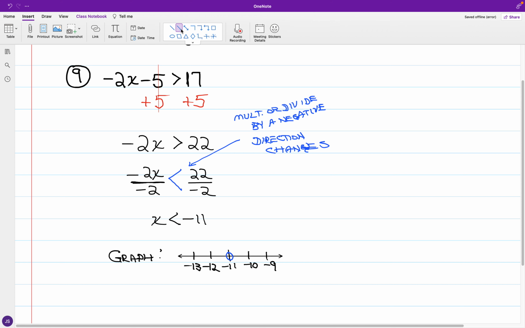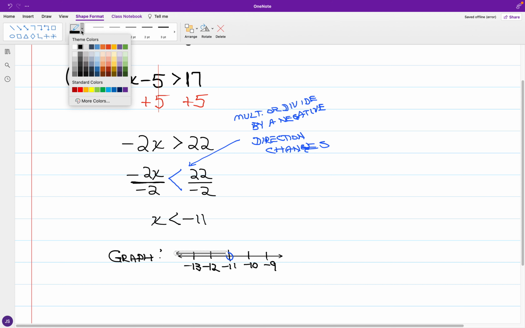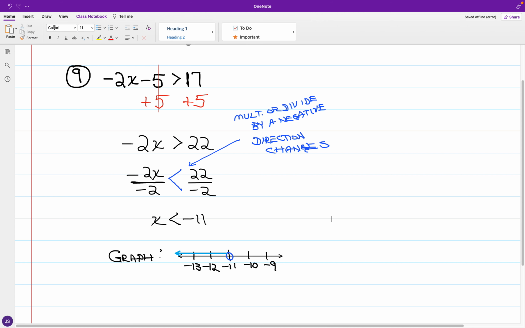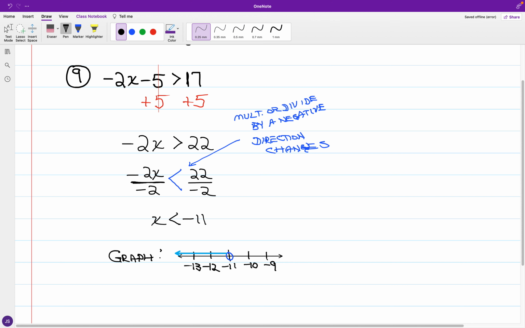Then for the solution itself, you're going to have those values less than negative 11, including negative 12, negative 13, and so on. You would have, in this case, a ray that goes continuously out to the left, with non-stop motion, heading out in the direction of negative infinity.